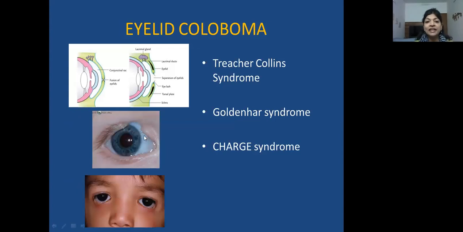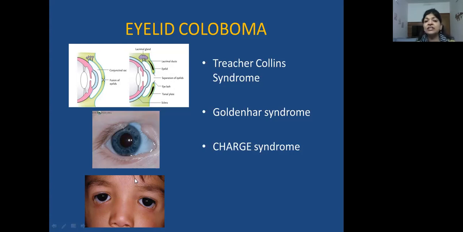Now, like I told you, the eyelids need to fuse at the 7th to 8th week of gestation. If fusion of the mesodermal folds does not happen, you develop something called an eyelid coloboma. Coloboma is basically any part of the body where you have a deficit of tissue. This is how an eyelid coloboma would look.